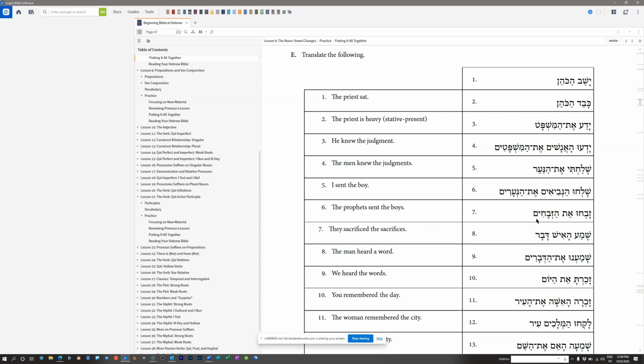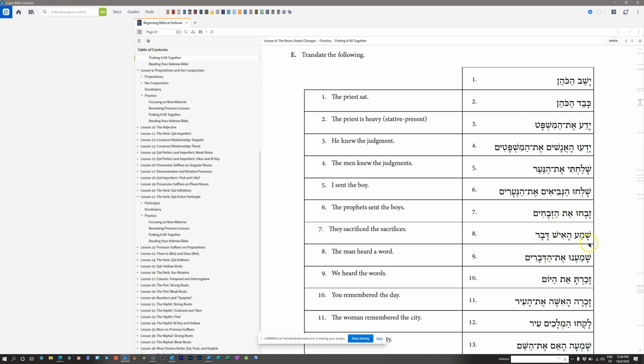Ha-zivahim is the plural form of zevach, the word for a sacrifice. So here we have, they slaughtered or they sacrificed what? Ha-zevahim. They slaughtered or they sacrificed the sacrifices.